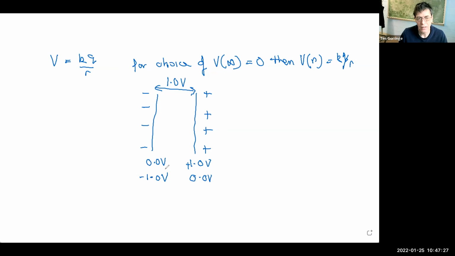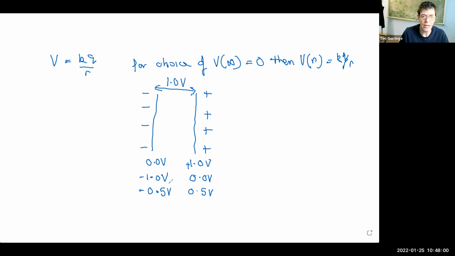Or even, if I was a little bit odd or a little bit strange, I could choose to make the plate on the right positive 1.5 volts, in which case, to have the 1 volt potential difference between the plates, I'd have minus 0.5 volts over on the left-hand side. All those choices are perfectly consistent with the observable 1 volt potential difference between the two plates.